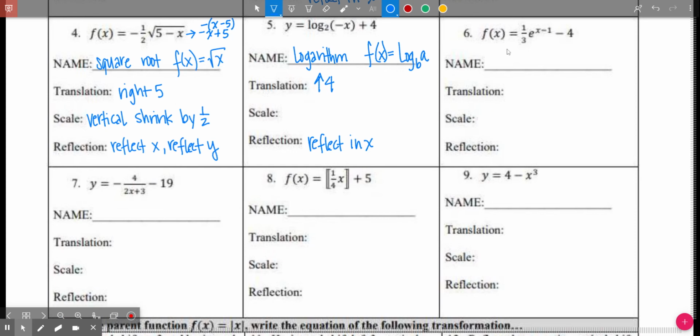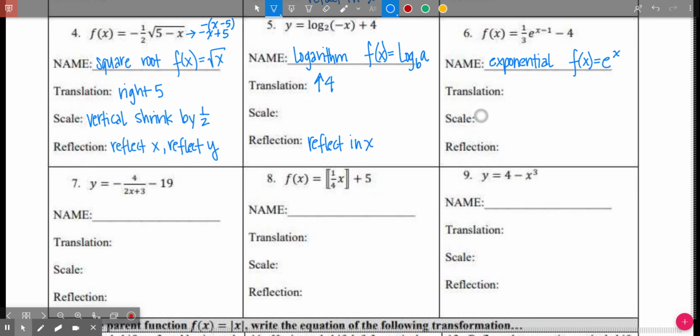And number 6, even though I have a base of e, this is still an exponential function. It's what we call a natural base. So the parent function is f of x is equal to e to the power of x.